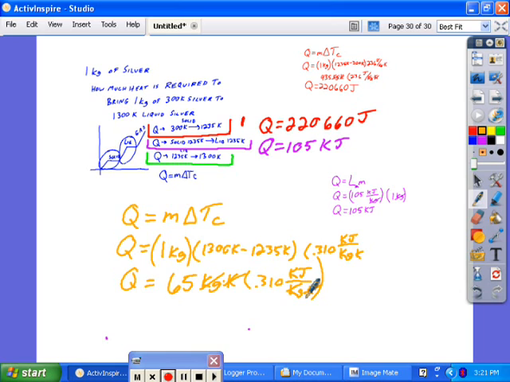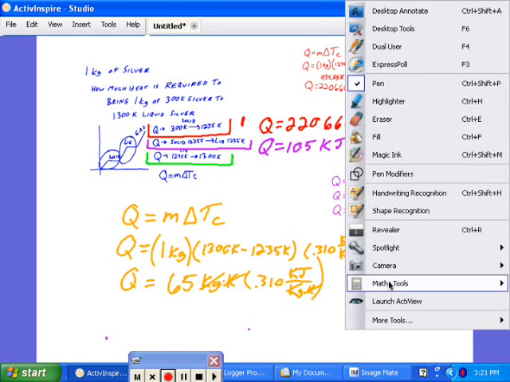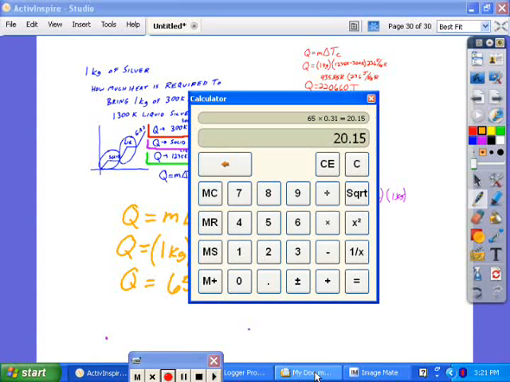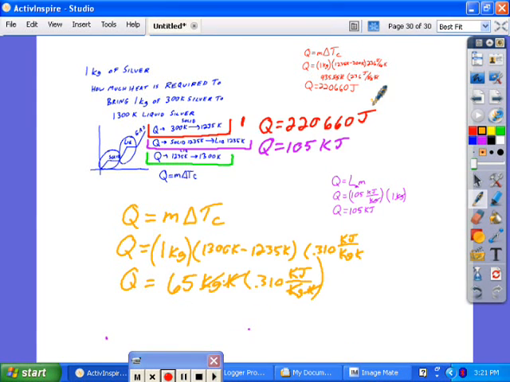What a shame, I forgot what my number was. Long day. 20.15. And my units are kilojoules. Alright, so for this stage right here, it takes 20.15 kilojoules.